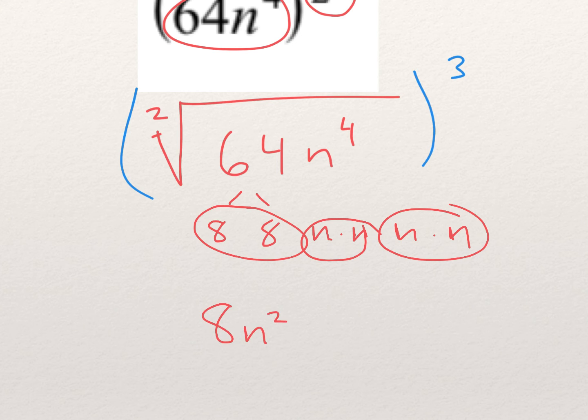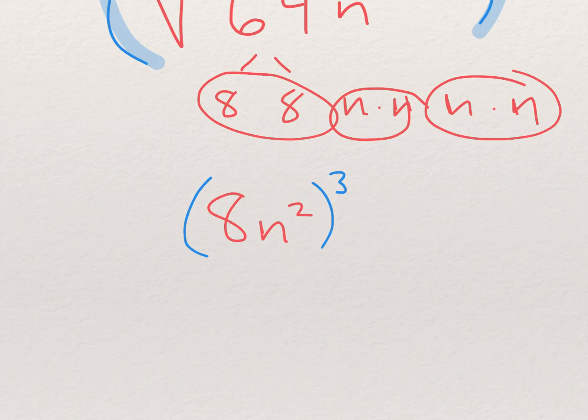8n squared. So now I have 8n squared cubed, because I can't forget about this cubed here. So this is like saying 8n squared times 8n squared times 8n squared. Cube just means that I multiply it, whatever it is, 3 times.